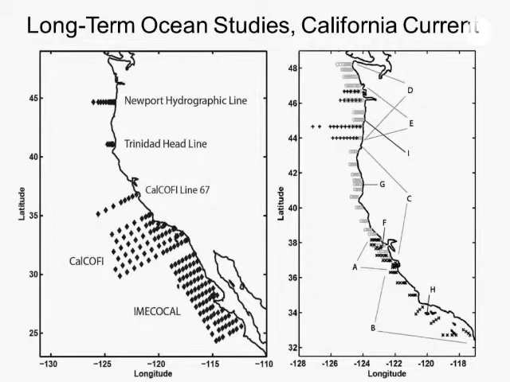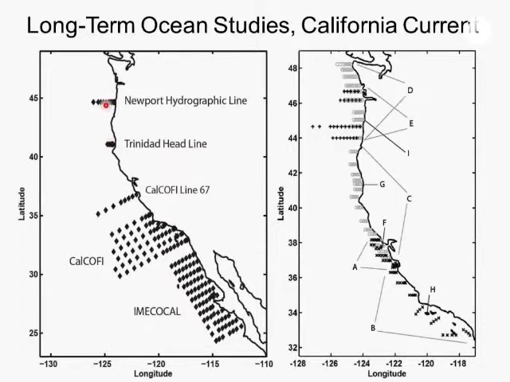Our Mexican colleagues studying down off Baja as part of the IMECOCAL survey, the California Cooperative Fisheries Investigation survey off Southern California goes up to Monterey Bay at certain times of year. And the Trinidad Head line is a new study area up off Trinidad, and then Bill's work off the Newport line. So, and that's just some of them.